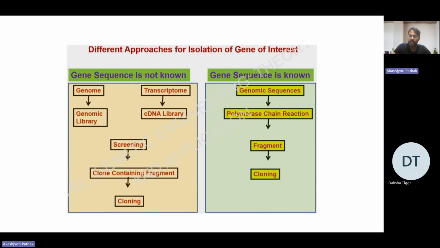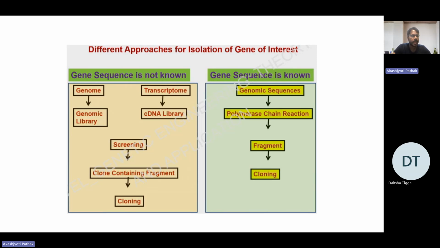Okay, but if the gene of interest is known, then we can either go for the genomic library or the cDNA library. The genomic library and the cDNA library will have the copy of the genes present in that particular host cell.